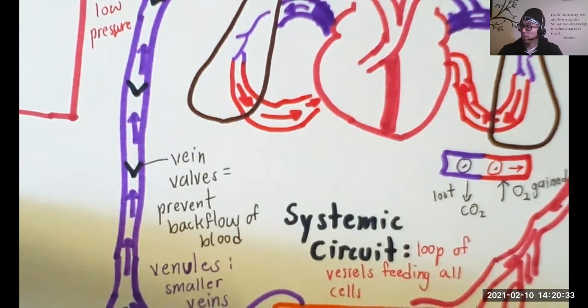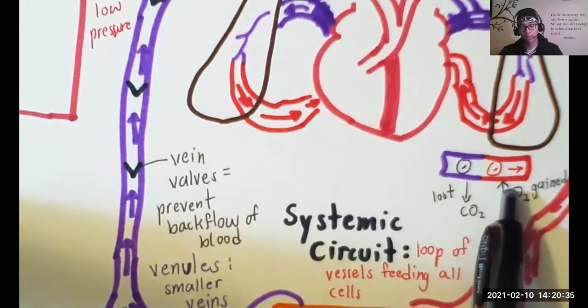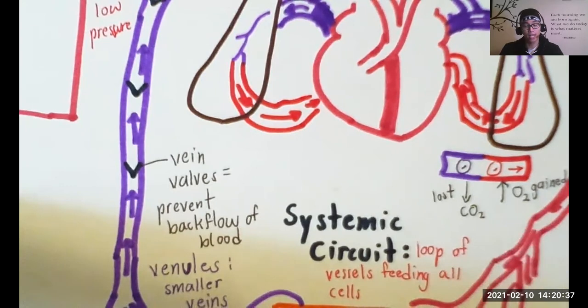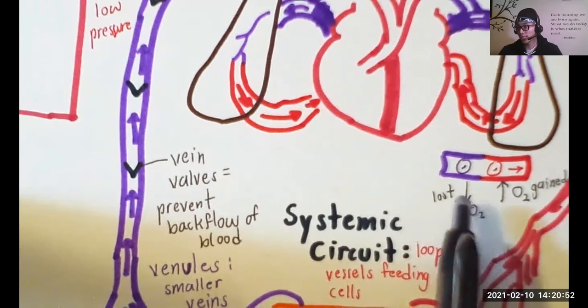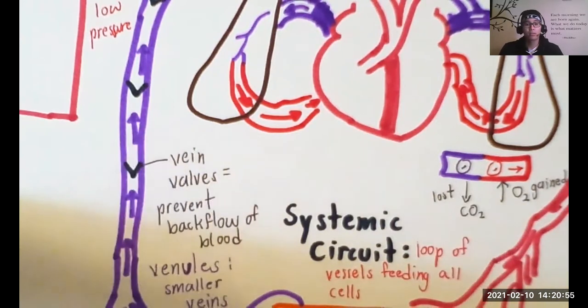You may notice that there is a color change. And yes, when the blood is bright red, it's got a bunch of O2 in it. When the blood is kind of purplish, it doesn't have O2 in it. If you've ever donated blood before, you notice the blood is a purple color because they take blood from a vein.